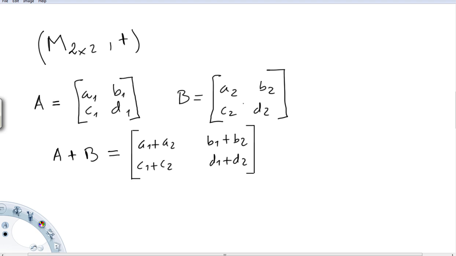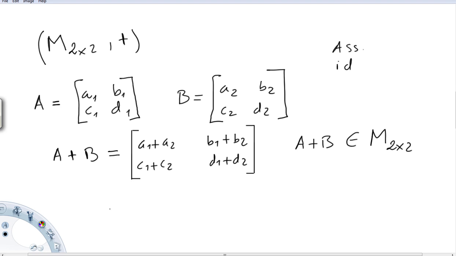Adding 2 matrices, you got a matrix that is in the same set, that is, you got a 2 by 2. Now you check for associativity. You check if it is associative. You check for the identity. Now we are used to the identity of numbers being 0 for addition and 1 for multiplication.